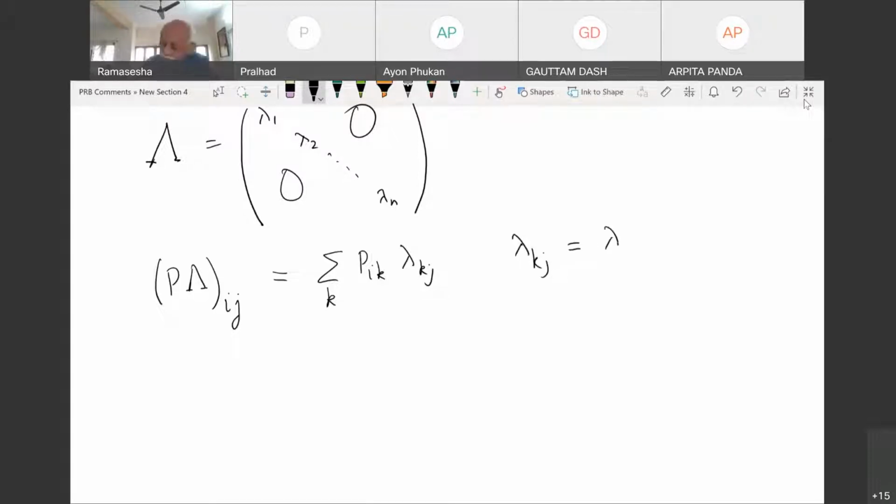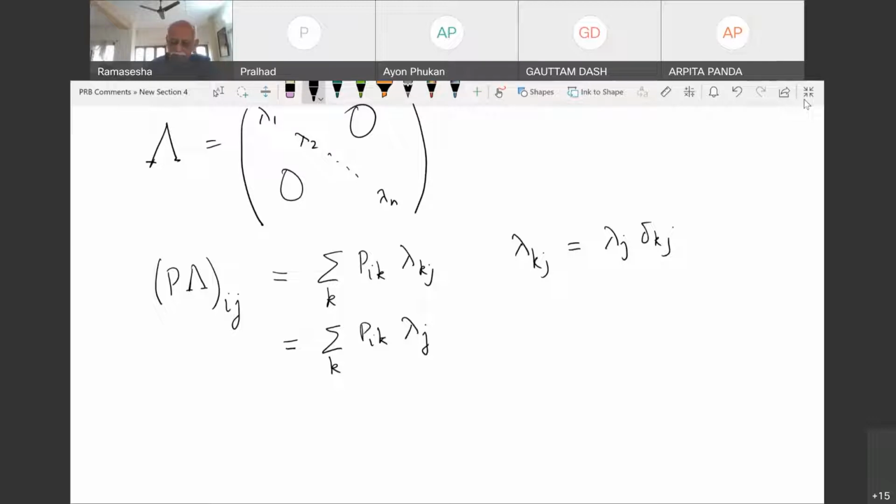And lambda_kj is equal to lambda_j delta_kj. So what I will get on the right hand side is sigma over k P_ik lambda_j. Okay, and let me go back to my definition of P_ik. Sir, what is P lambda ij? P lambda is a matrix. I'm multiplying two matrices, P and lambda.